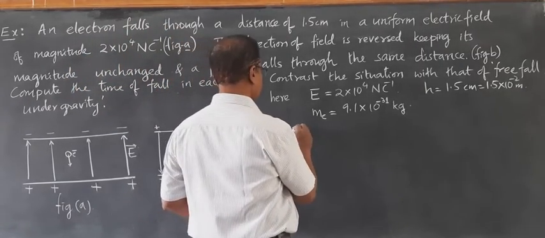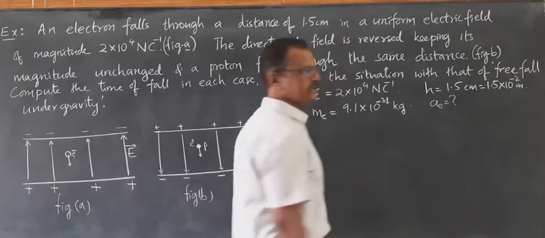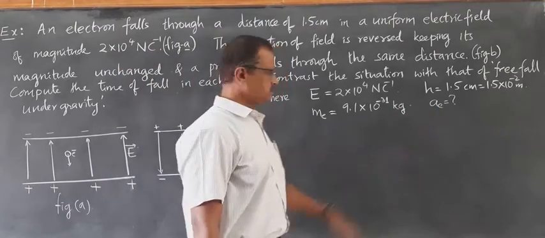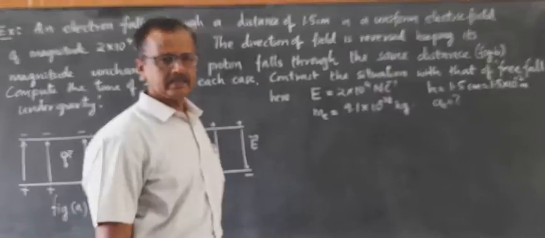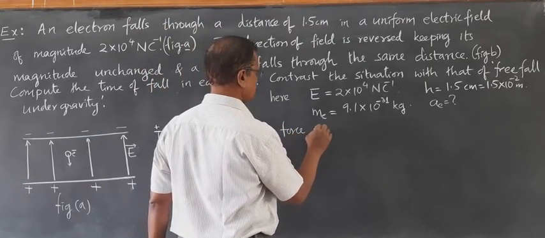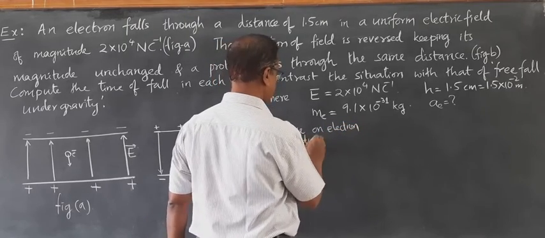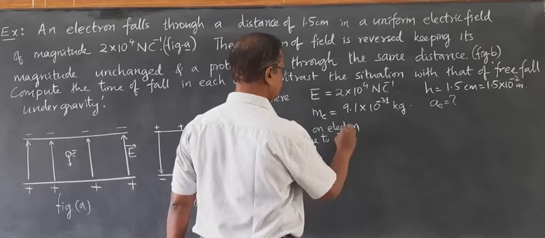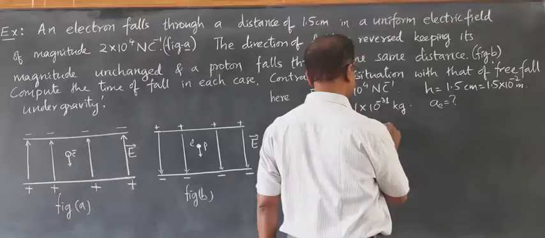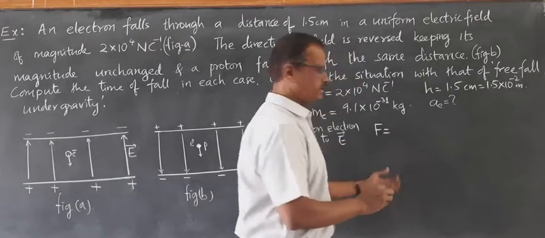So the acceleration of the electron can be calculated using Newton's second law. Mass of electron into acceleration of electron is equal to force exerted on the electron. Force on electron due to electric field E is given by force equal to charge of electron into electric field.